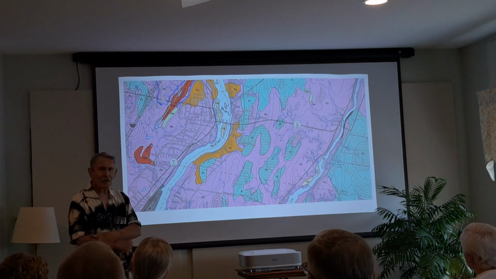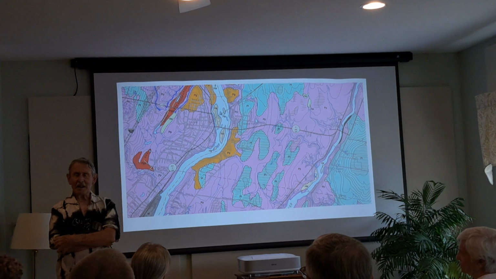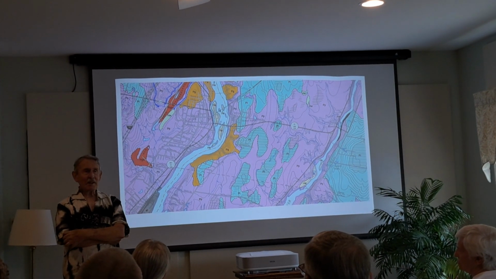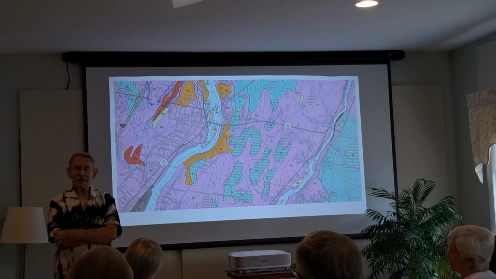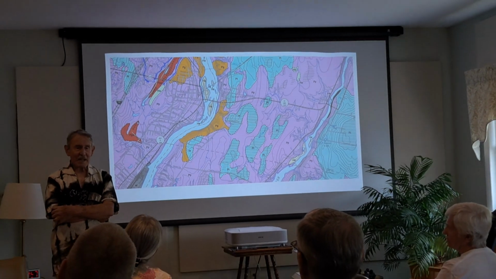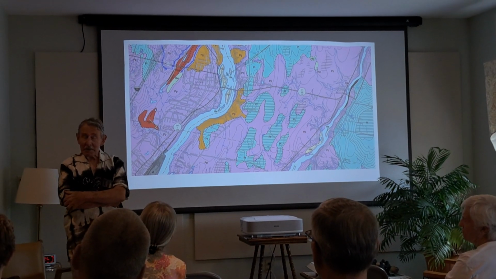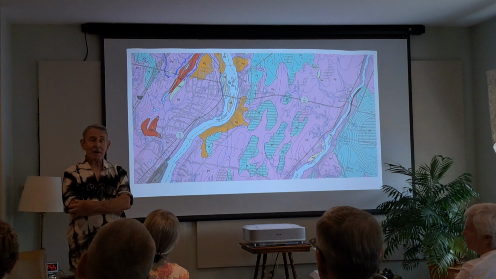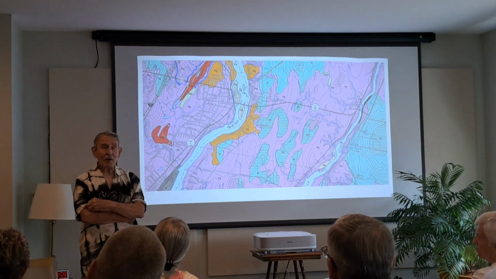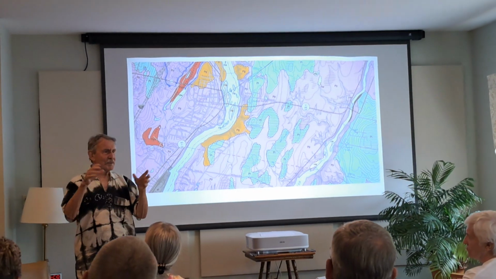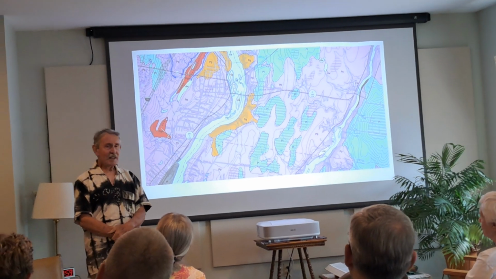How many of you have noticed the area that kind of looks like a desert? Oh yeah, opposite the CMP, where the CMP lines cross the Kennebec River, and they go along Benton Avenue. There's some sand dunes over on that side. Yeah.